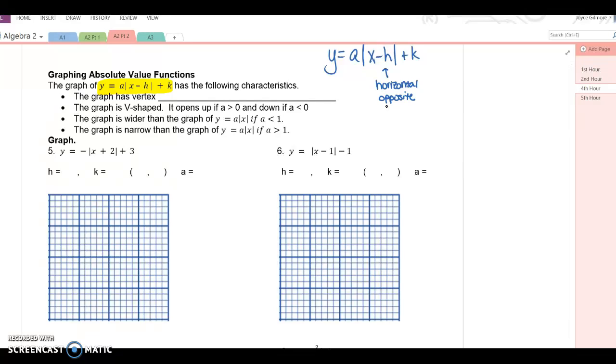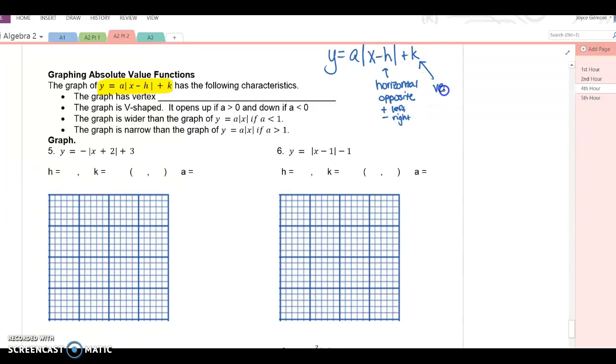So if h is a positive number, it'd be minus a positive number. That's why we move to the right. If h is negative, it would be minus a negative, and it would look like x plus h, and that would move it to the left. So remember, plus moves the graph to the left, minus moves the graph to the right.